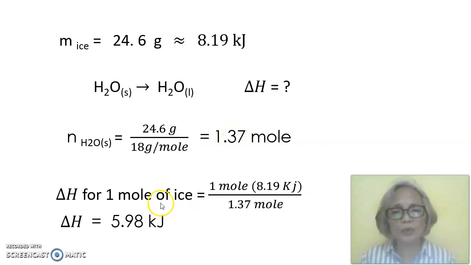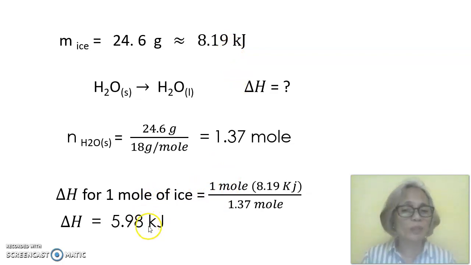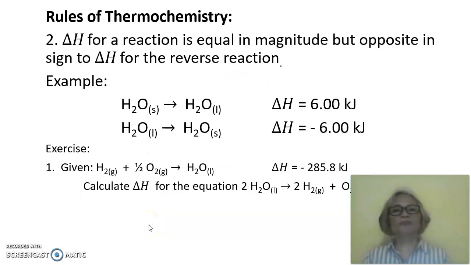Therefore, for 1 mole of ice, that is 1 times 8.19 divided by 1.37, which is 5.98. Again, in consonance with the rule: 24.6 grams, or 1.37 moles, is equivalent to 8.19 kilojoules, whereas 1 mole is equivalent to 5.98 kilojoules.